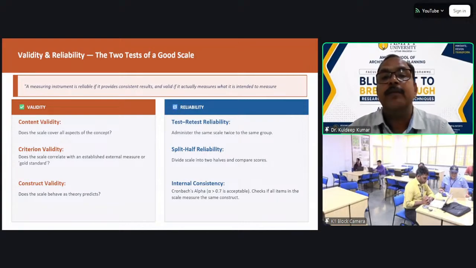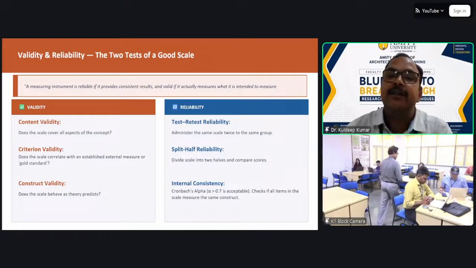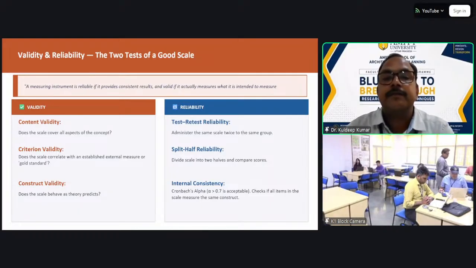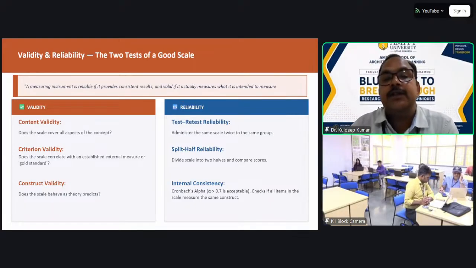Now coming to reliability. Reliability asks: do I get consistent results? There are three types of reliability tests: test-retest, split-half reliability, and internal consistency.